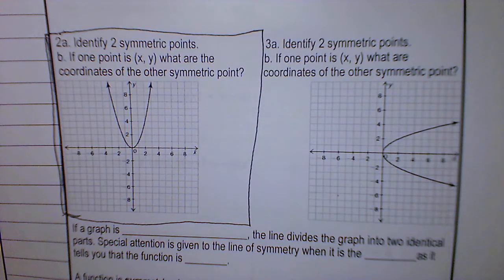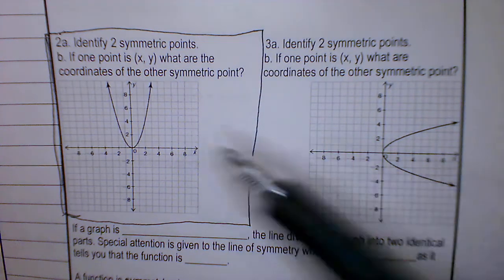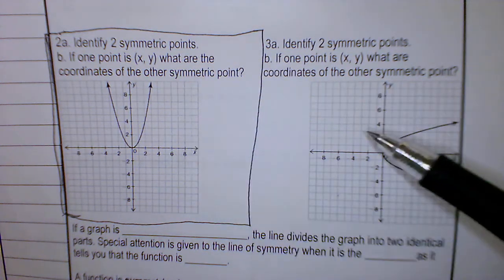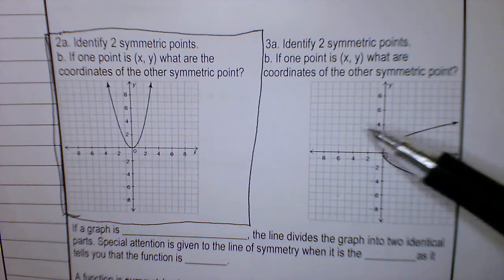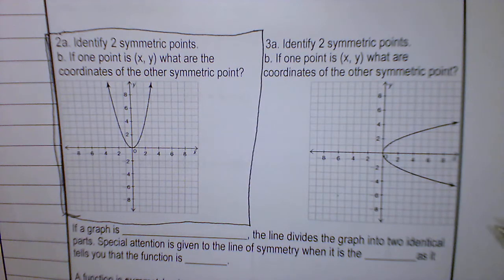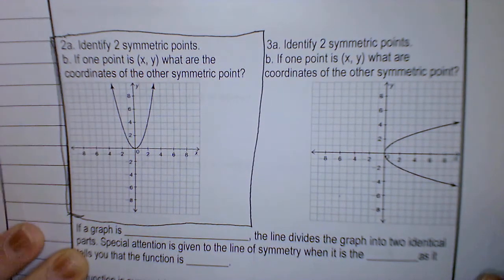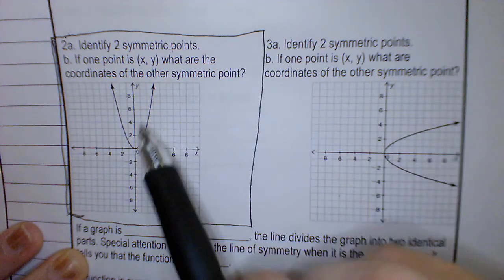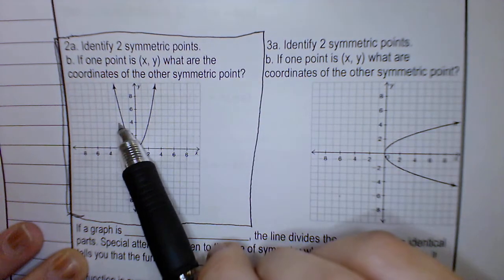We're going to head back over to your notes for 5.2b. I'm going to do 2a and b with you guys, and then you're responsible for 3a and b. It's pretty much the same thing. Our graph just looks a little bit different. Okay, so 2a says to identify 2 symmetric points. Well, that can be any point over here as long as it also matches with the point over here.